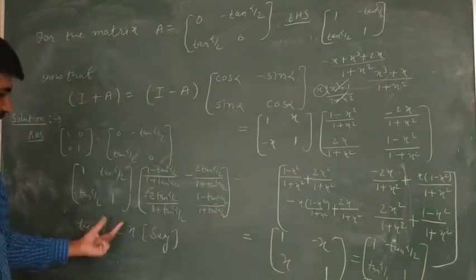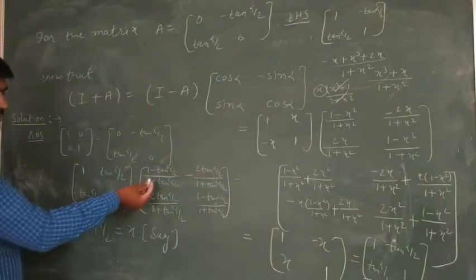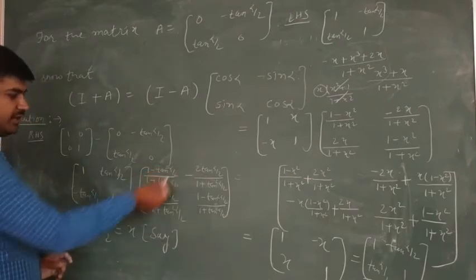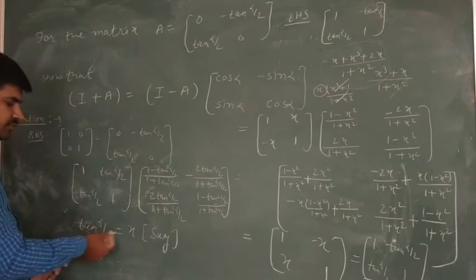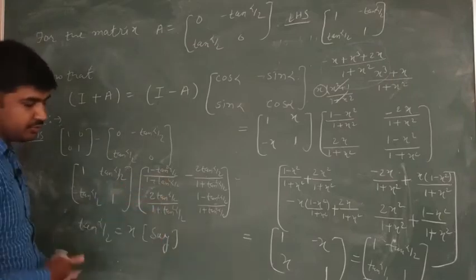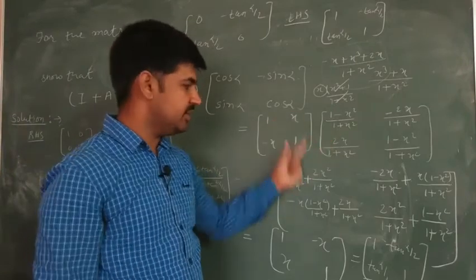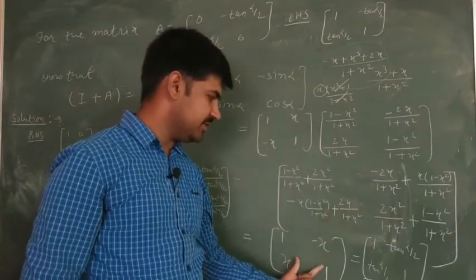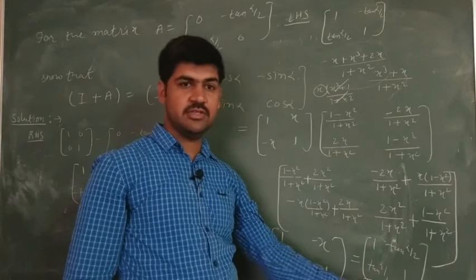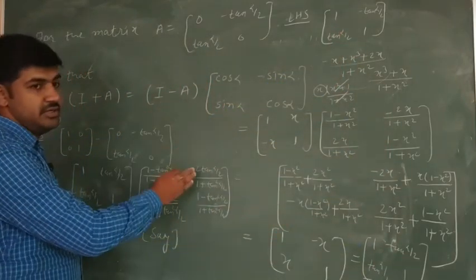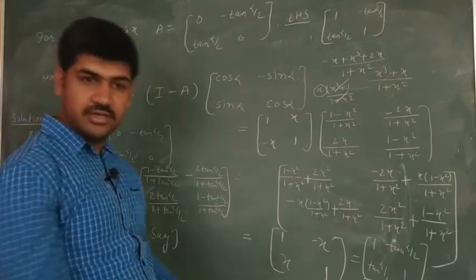Okay. Then to simplify, it was a bit complicated in terms of tan alpha upon 2, so I have supposed tan alpha upon 2 is equal to x, and later I have put back the value. So see, these two matrices I have multiplied, simplified, I got this one, and eventually this is equal to the simplest form of LHS. So at last you can write here LHS is equal to RHS, hence shown.